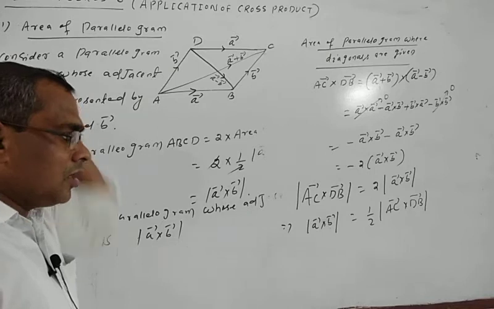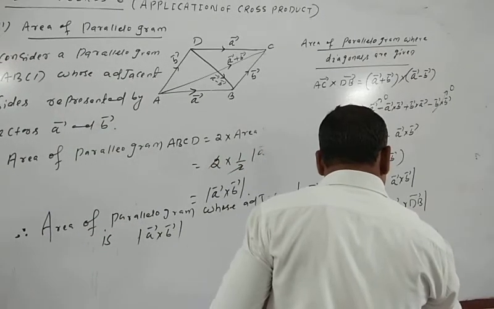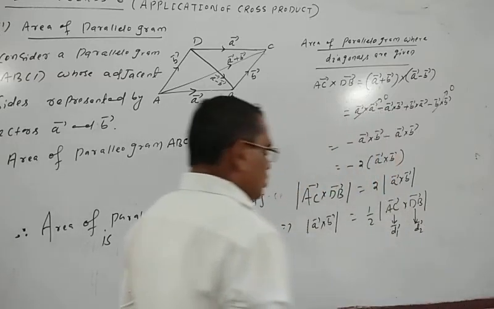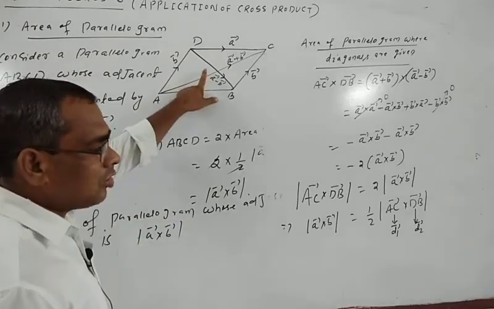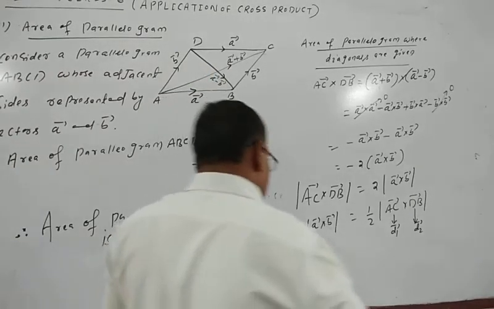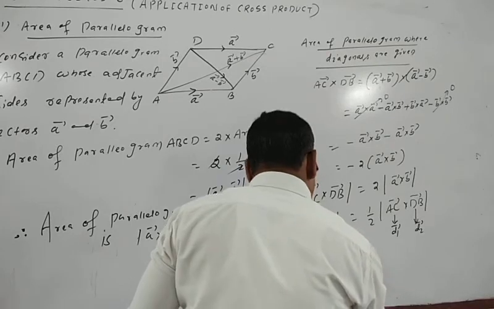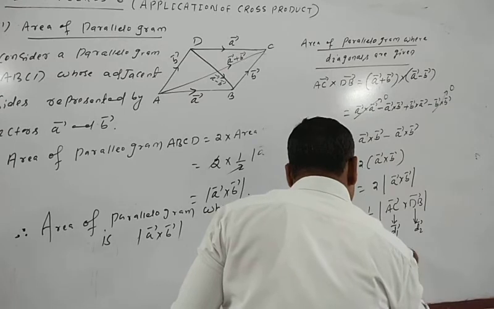If we take the diagonals as d1 vector and d2 vector, that implies the magnitude of a cross b is equal to half into d1 cross d2.